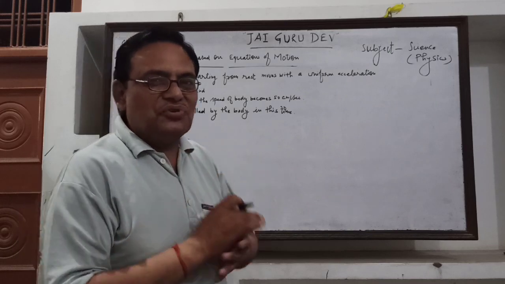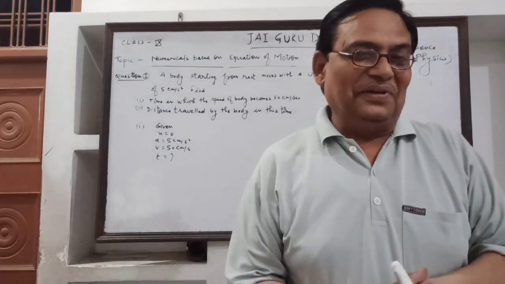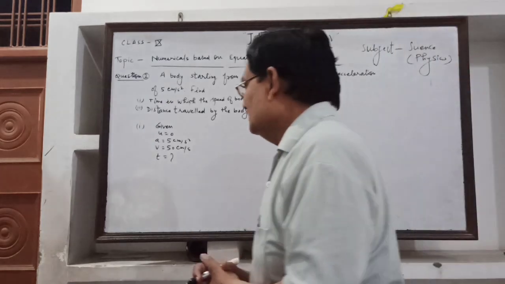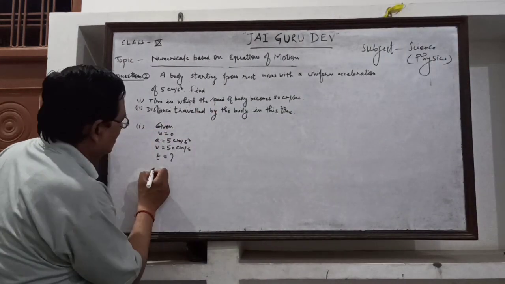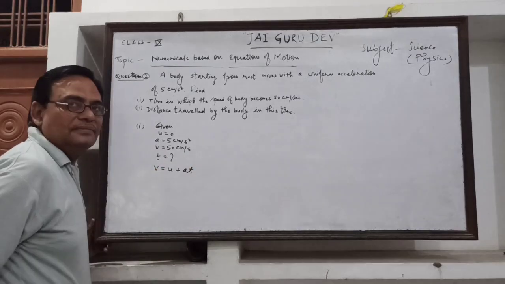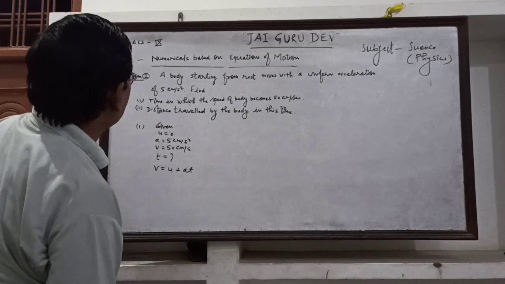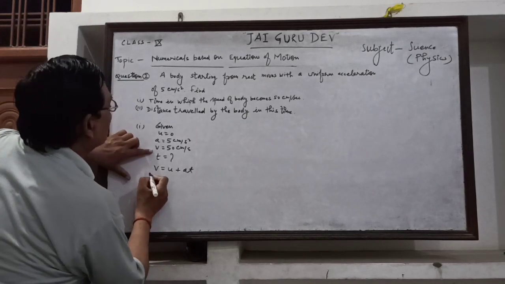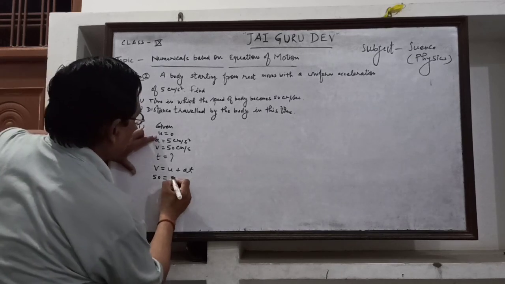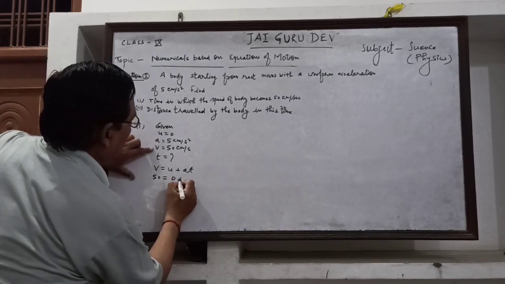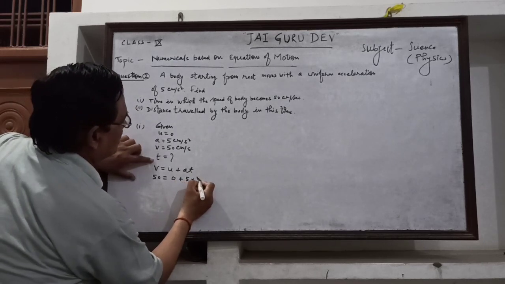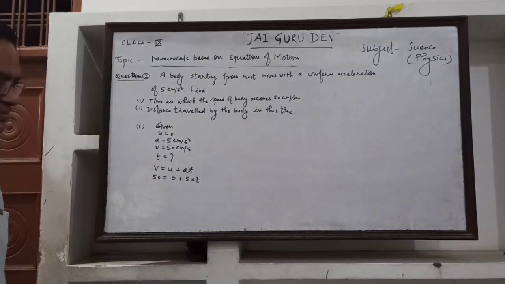Which equation of motion will you apply? Very simple. Once again, first equation of motion, that is v is equal to u plus at. Okay. v is 50, u is 0 plus a is 5, t is to find out.